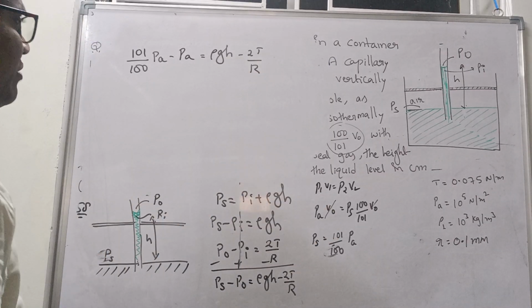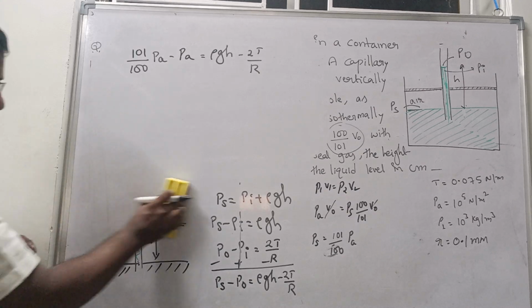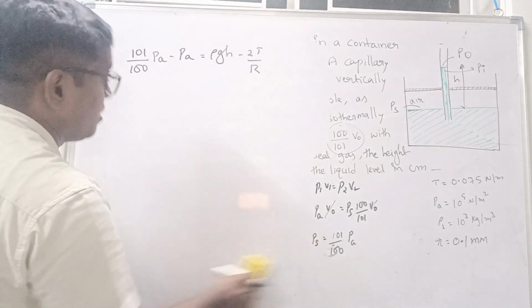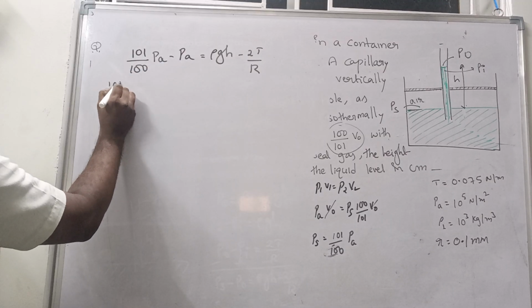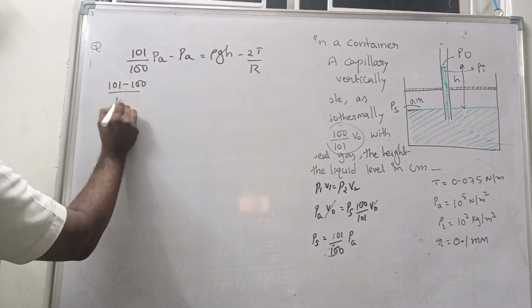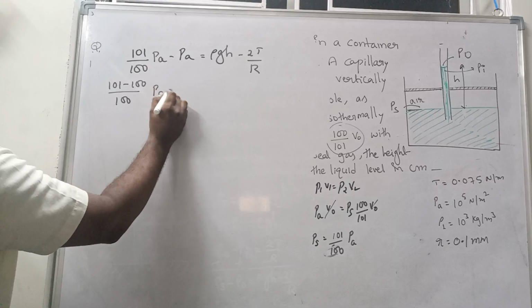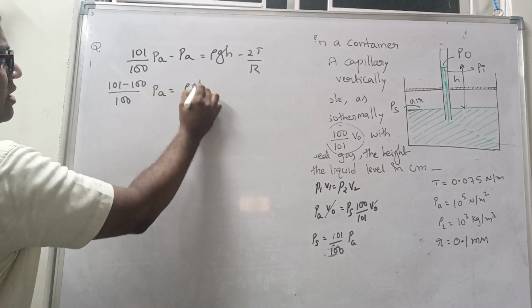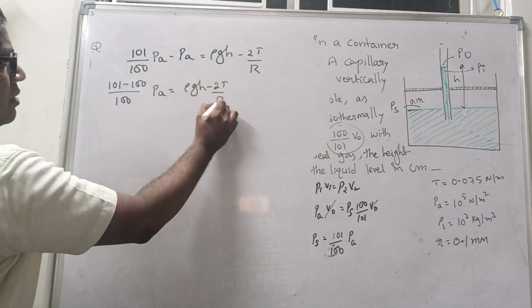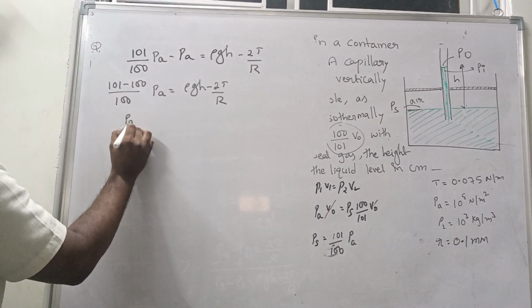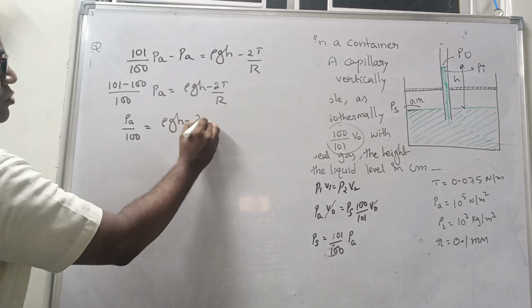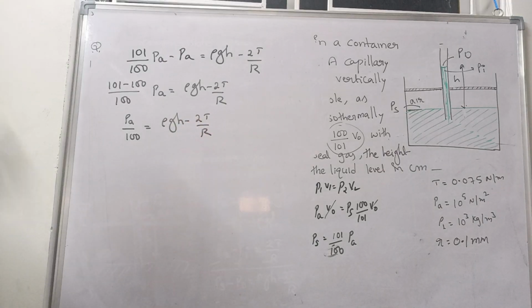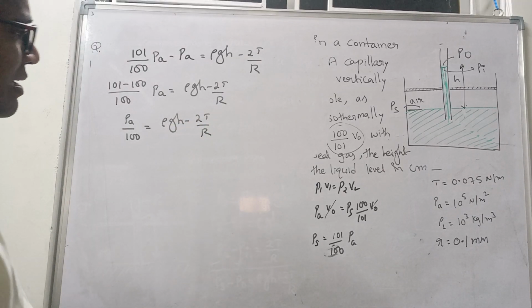We will try to substitute. We will calculate. Here it is 101 minus 100 by 100 into PA, which is equal to rho GH minus 2T by R. So here it is PA by 100, which is equal to rho GH minus 2T by R. So what are we going to calculate? We are going to calculate the value of H.